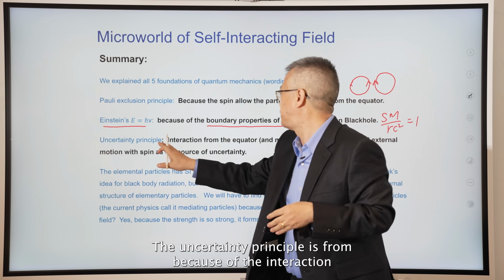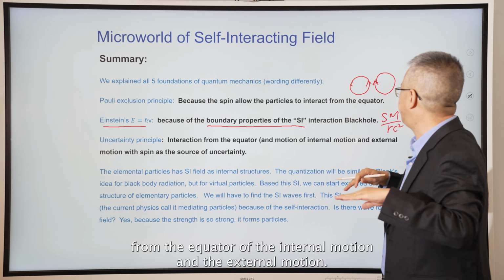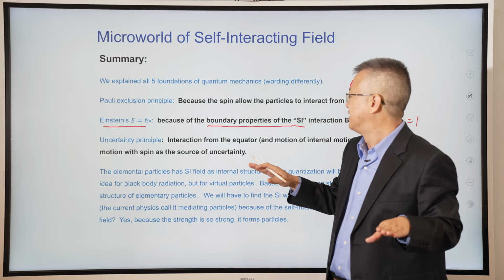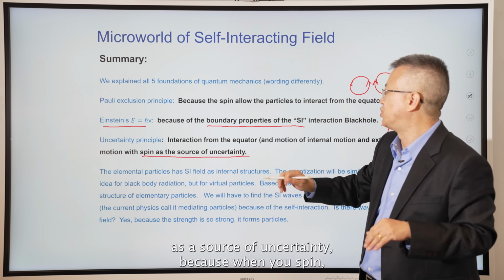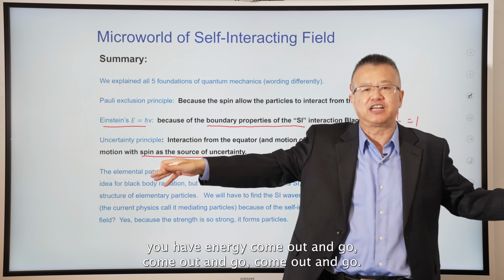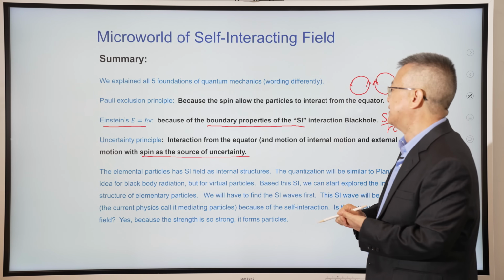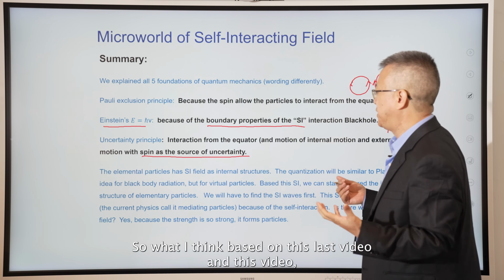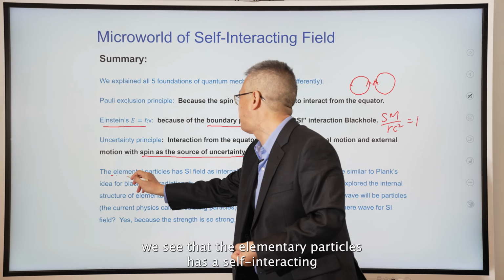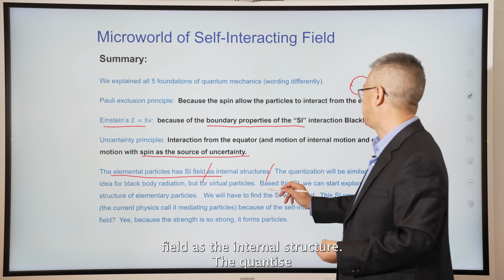The uncertainty principle is because of the interaction from the equator of the internal motion and the external motion, okay? With spin as a source of uncertainty, because when you spin, you have energy come out and go, keep on coming out and going, okay? So what I think, based on the last video and this video, is that we see the elemental particles have a self-interacting field as the internal structure.